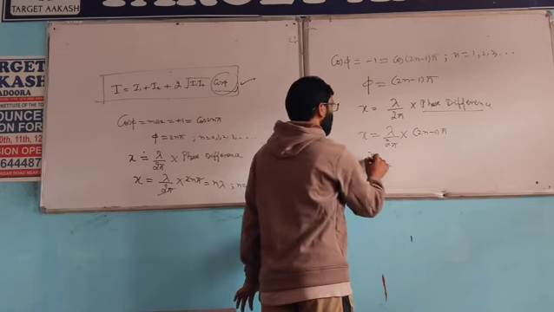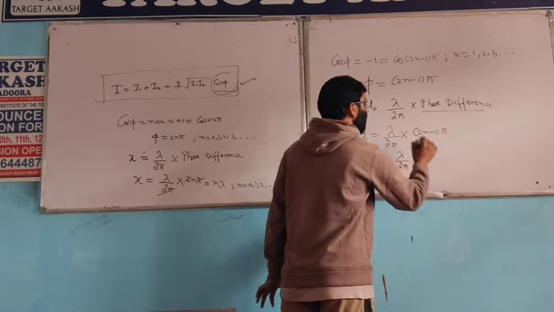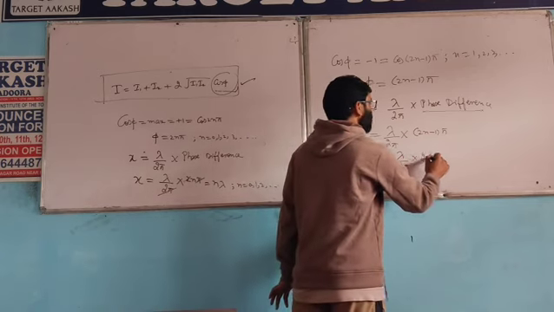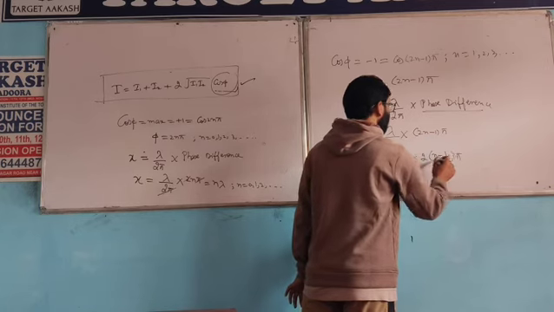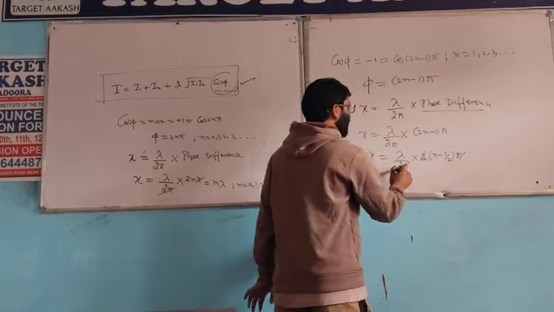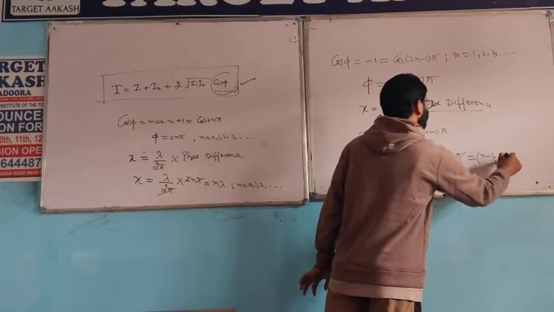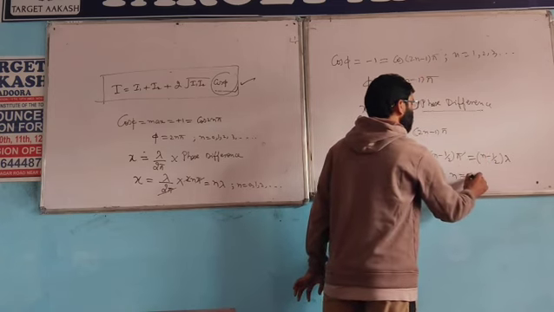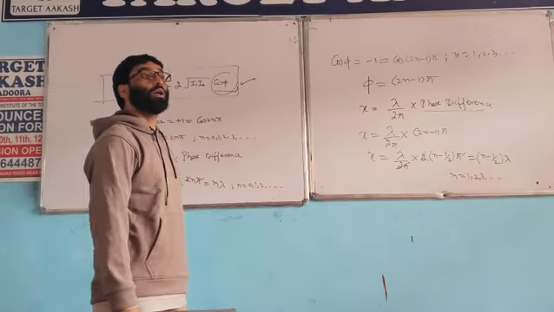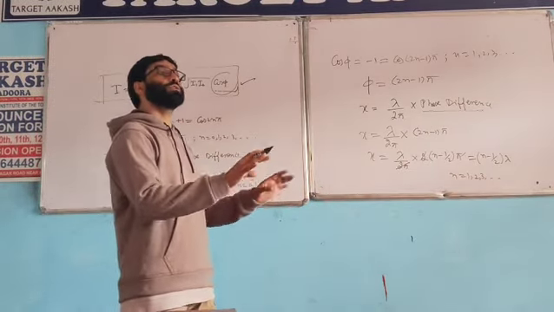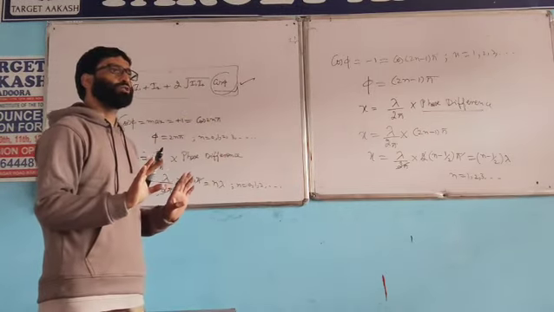You can evaluate it a bit: take 2 outside, that will be (n minus 1 by 2) into lambda. This 2 pi and 2 pi will cancel out, so it will be (n minus 1 by 2) lambda, where n runs from 1 and so on. This will be the corresponding path difference for the waves so that they could undergo a destructive interference. Is it okay?